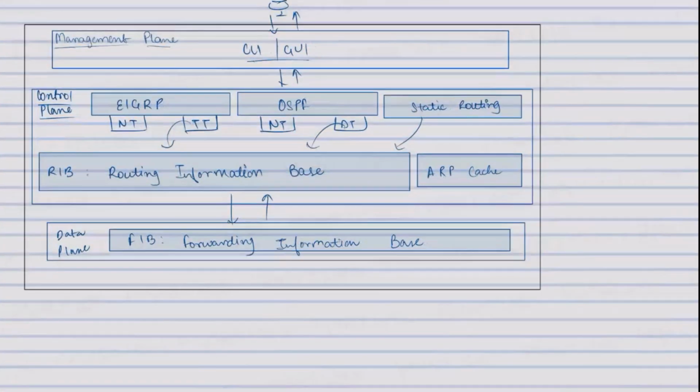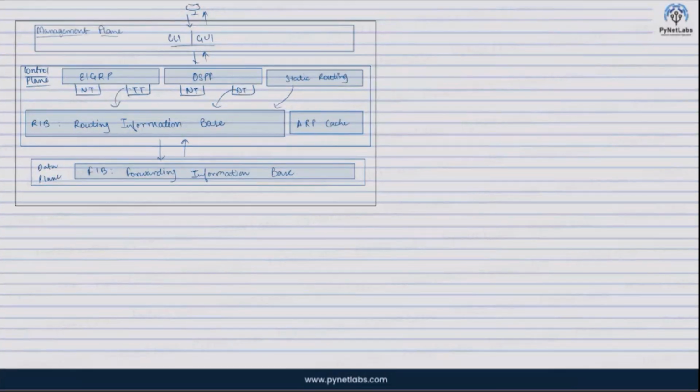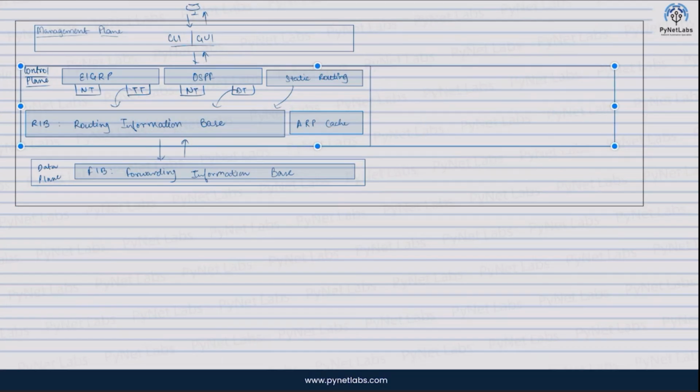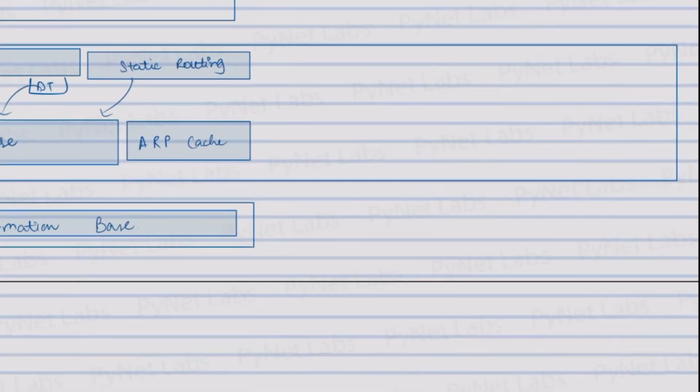Now, when you enable MPLS on this router, the control plane and the forwarding plane get extended. In the control plane, when you enable MPLS, a new protocol is added, which is called Label Distribution Protocol, LDP. What LDP does, LDP maintains a table called LIB.